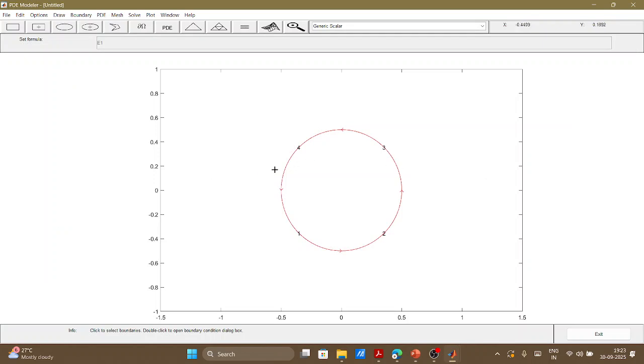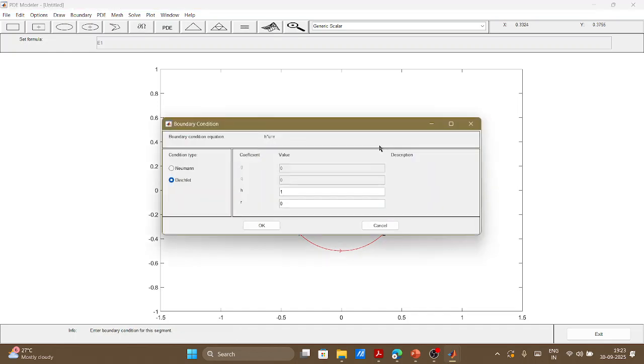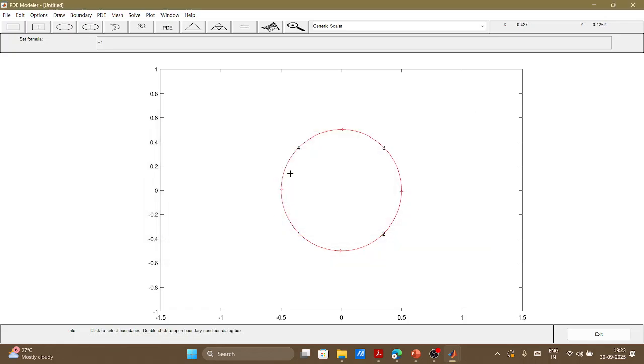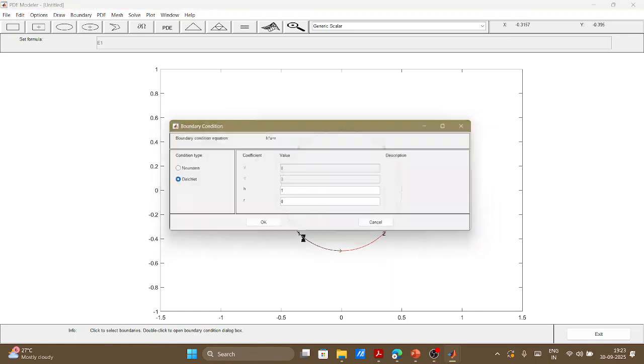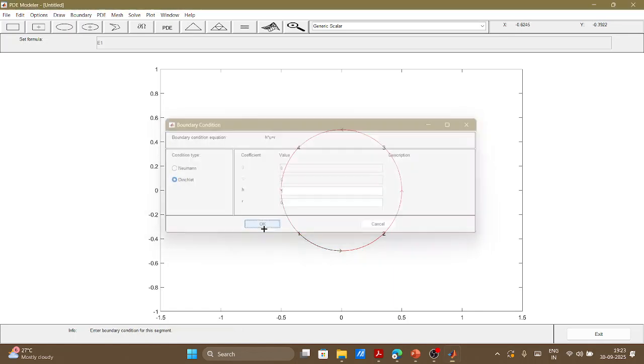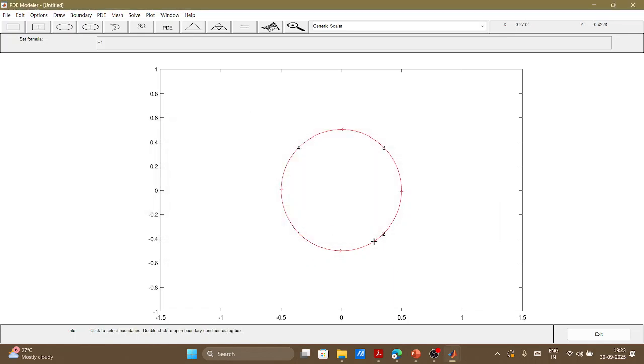So 3 and 4 are at 100, 1 and 2 are at 0. If I click on them, the top half is at 100, and the bottom half is already at 0, right?